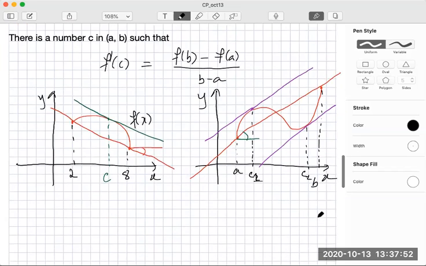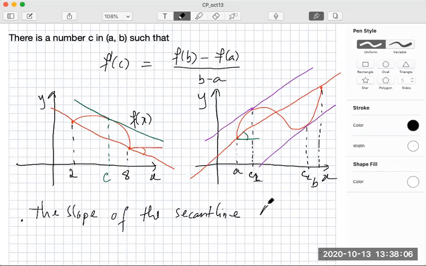Or sometimes we write it in terms of the slope of the secant line from the point A to B, where in this case A is this point, B is this point.